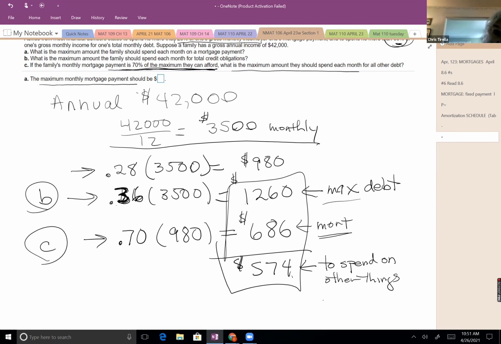And then to find what's left to spend, it's the difference between the maximum they can pay and the amount that they're paying for their mortgage.